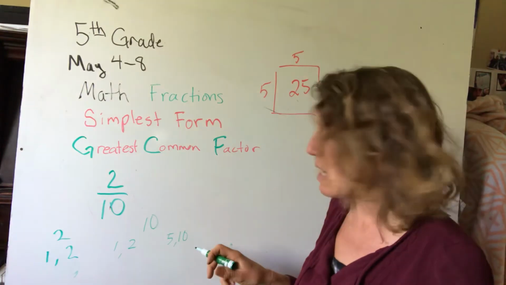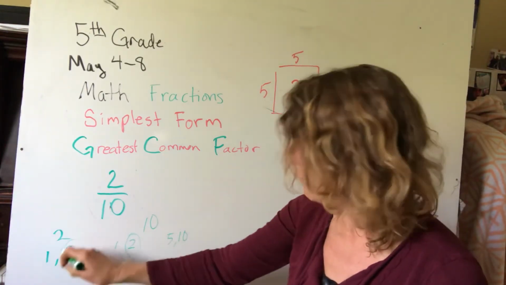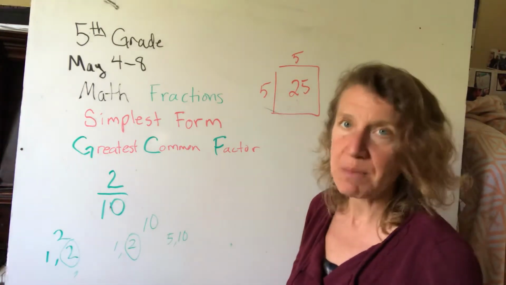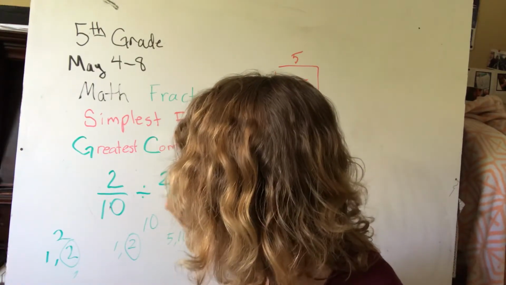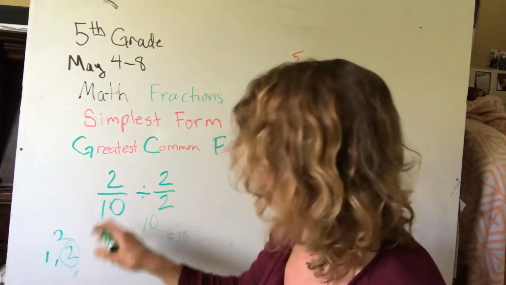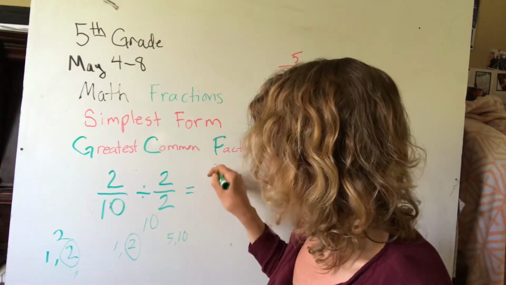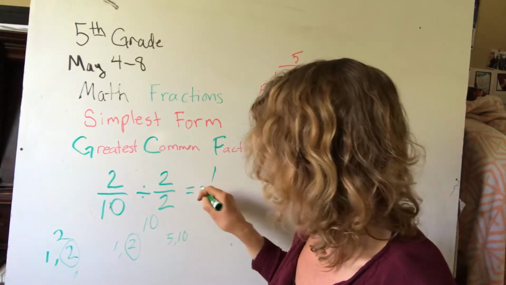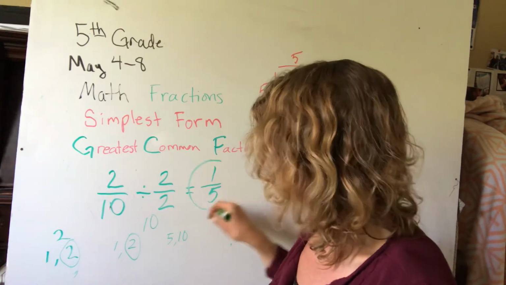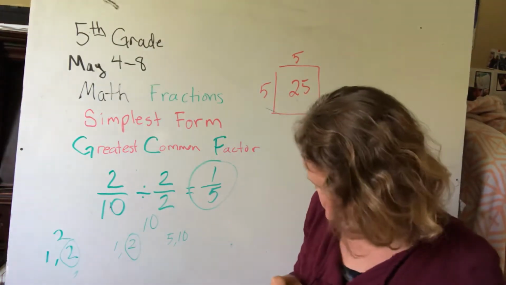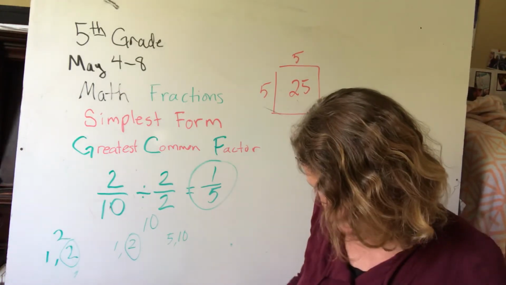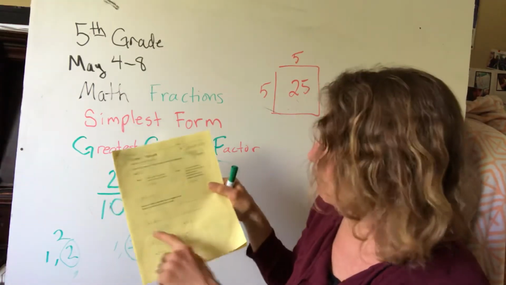What's the greatest common factor? 2. 2 is the biggest number that's on both lists. So we're going to divide the numerator and the denominator by 2. 2 divided by 2 equals 1. 10 divided by 2 equals 5. 1/5 is that fraction in simplest form. All right. I'm going to skip 4/8.